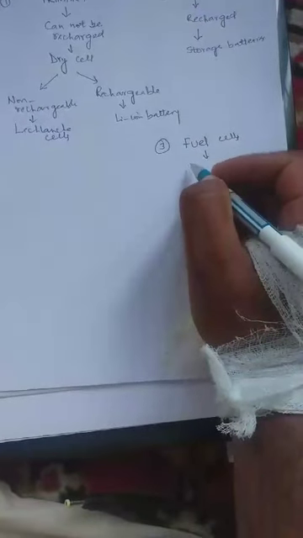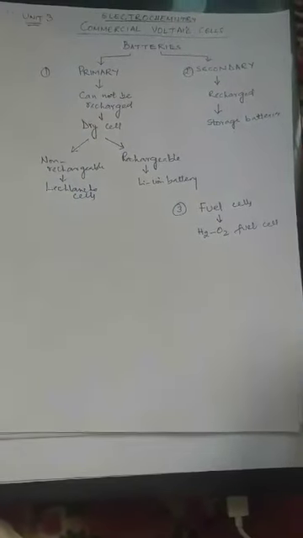What are fuel cells? These are those cells which convert the energy of fuels directly into electrical energy. For example, the hydrogen oxygen fuel cell. Why do we call this a hydrogen oxygen fuel cell? Because hydrogen gas and oxygen gas are fed to it, and their energy is converted into electrical energy.